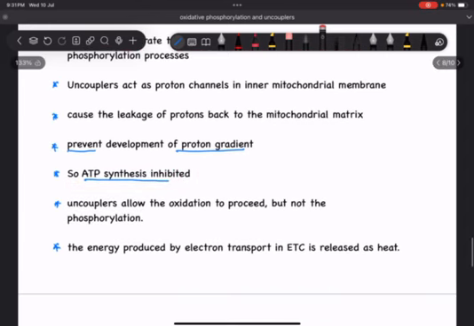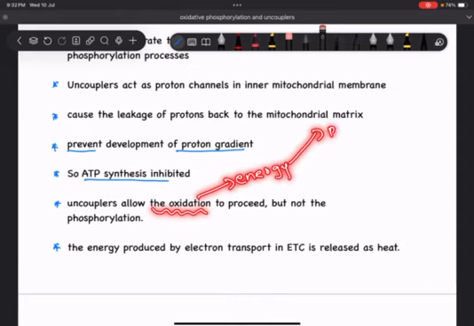The uncouplers allow the oxidation to proceed but not the phosphorylation. The energy produced by the electron transport in the ETC, because due to oxidation energy will be released, is partly used for phosphorylation and partly used to generate heat.